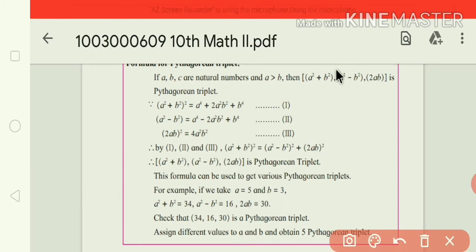Now suppose this first square, (a square plus b square) whole square, is expanded. After the expansion of (a square plus b square) whole square, it is a raised to 4 plus twice a square b square plus b raised to 4. Here a square into a square is a raised to 4, and 2 into a square into b square.